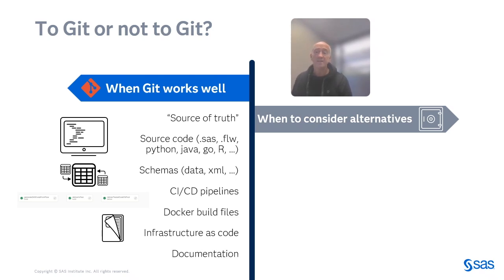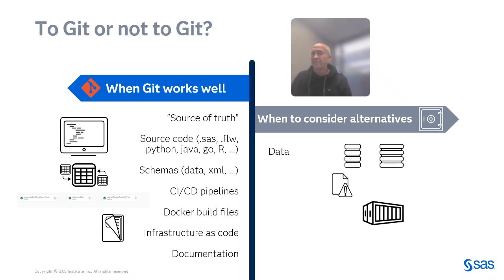And documentation, in particular if it's tightly coupled or dependent on the other artifacts, then Git is a convenient place to put it. I know that Word has its own proprietary and quite nice and user-friendly version management system, so it might be sufficient. But then again, if that Word file has a strong dependency to your code, you may want to put it in the Git repository. So you could do that.